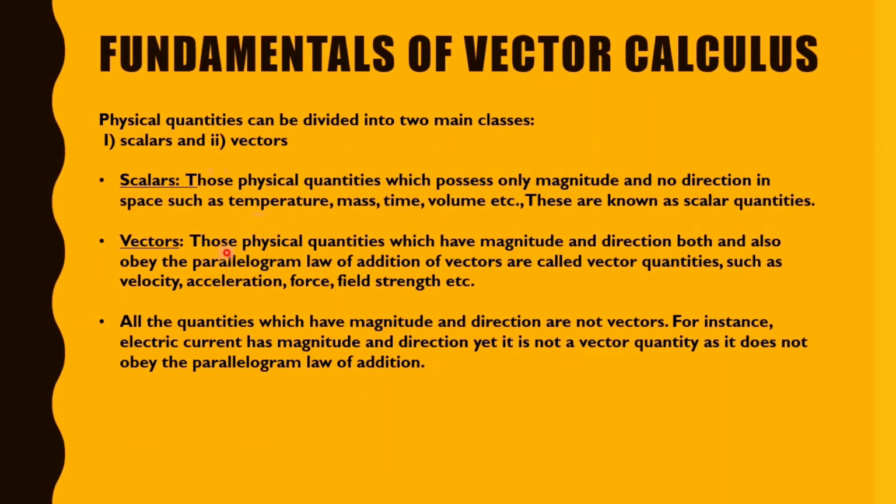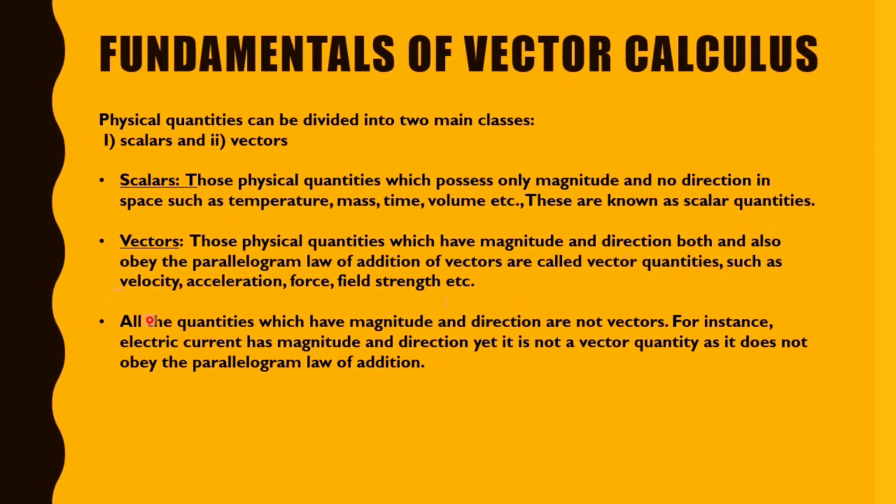Whereas vectors are those physical quantities which have both magnitude and direction and also obey the parallelogram law of addition of vectors, I hope you remember this. They are called vector quantities, such as velocity, acceleration, force, field strength. That's why electric field and magnetic field both have a magnitude as well as direction, so they are said to be vectors.